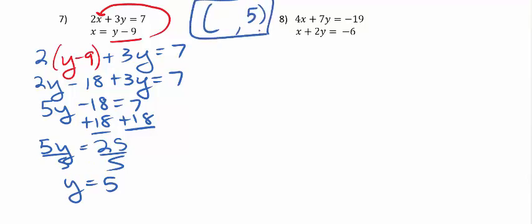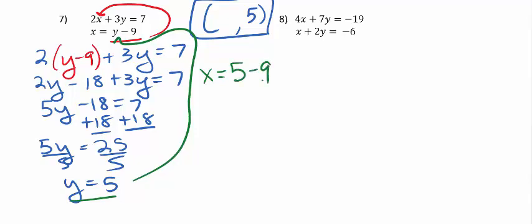So now I'm going to take this y equals 5 and substitute it back into the second equation. x equals, and instead of y, I'm going to plug in a 5, and then 5 minus 9 is negative 4. So (-4, 5) is the solution to this system.